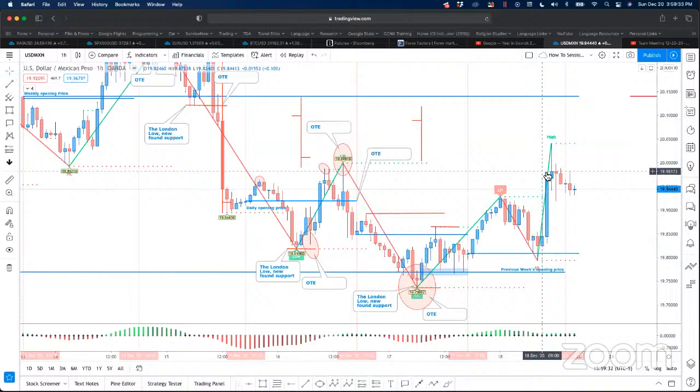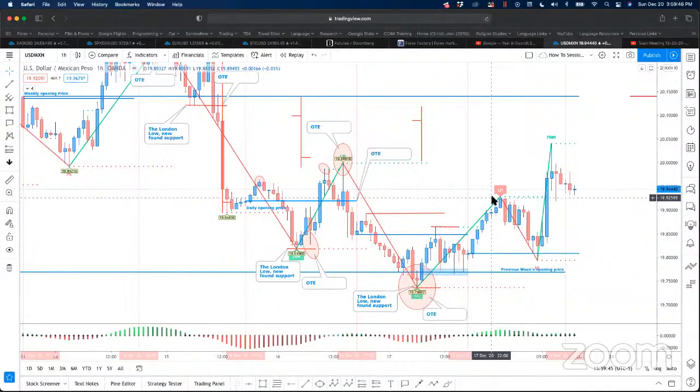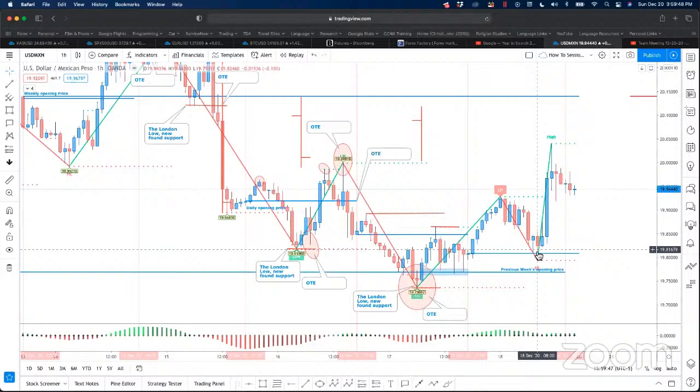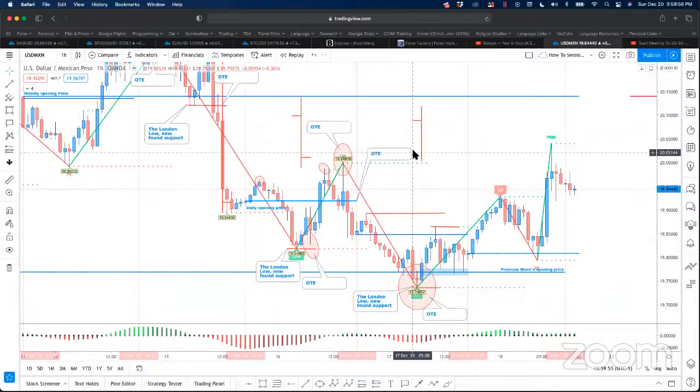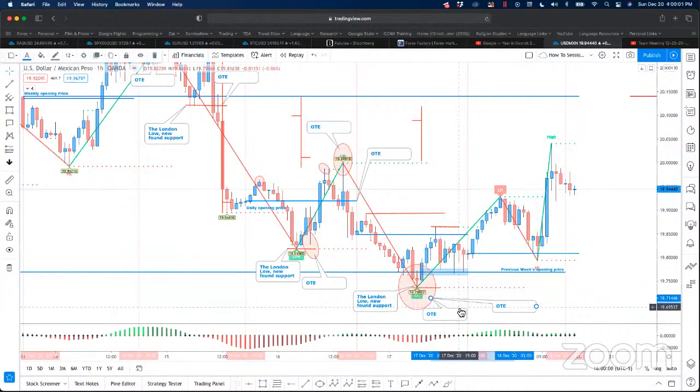You even got another entry based off of the opening price for this day, right? The market opened up here on this day, pushed up, came back down to the opening price, rejected this. And if you miss this, look, you got way too many entry opportunities just by understanding what's actually going on for the day.